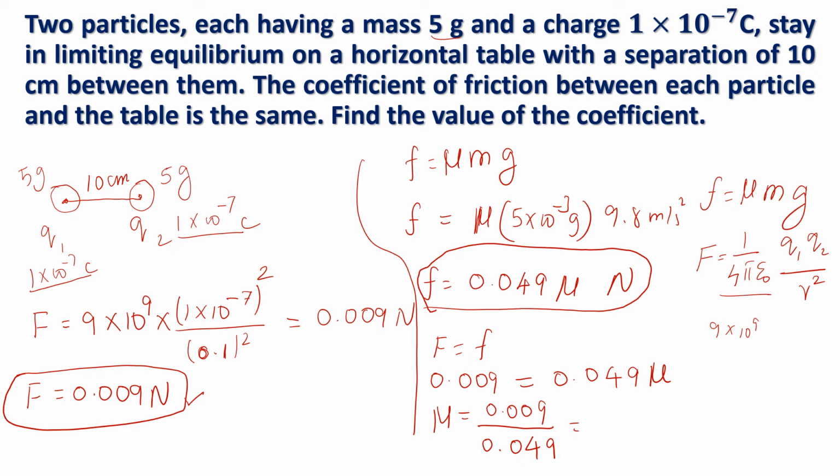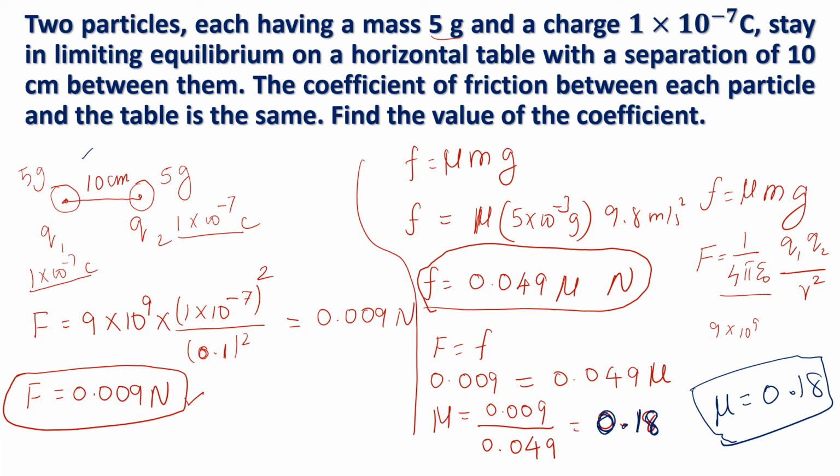After the division, the value is around 0.18. So the answer for this question is the coefficient value, mu equals 0.18. That is the value of the coefficient for this situation, around mu equal to 0.18.